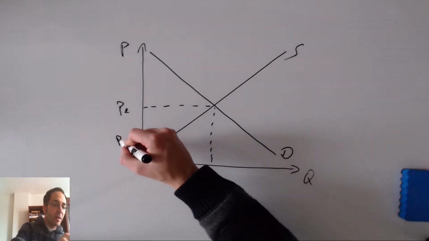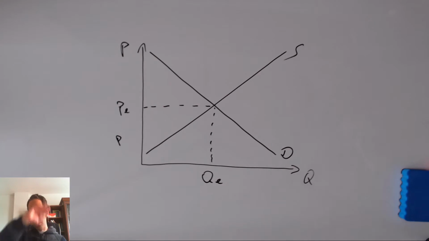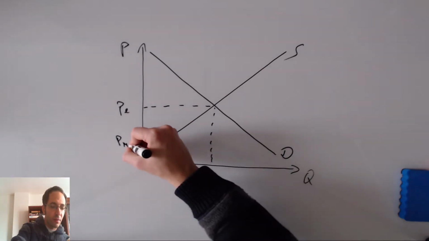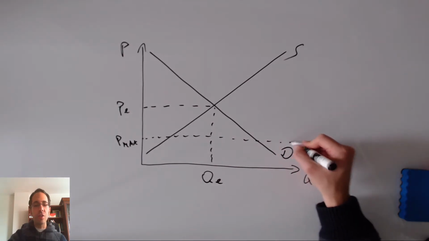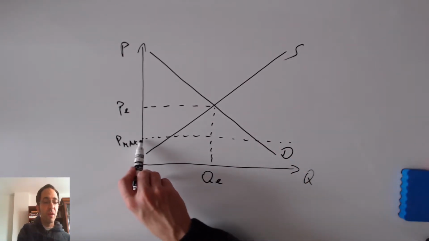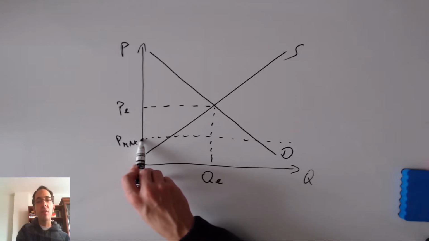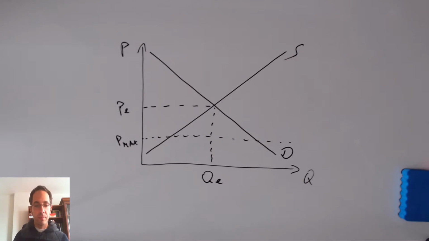A maximum price, sometimes called a price ceiling. Ceiling is the top, you cannot go above the ceiling. P max effectively obliges the firms to sell at this price. They cannot sell above this price. They would want to sell at the price PE, but they're not allowed to. So let's see what happens.